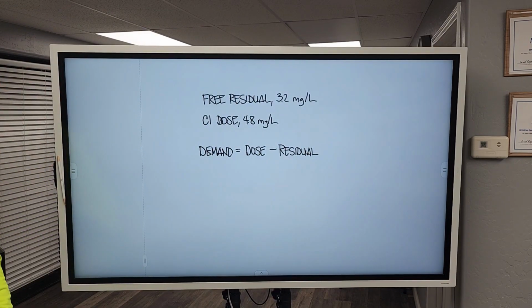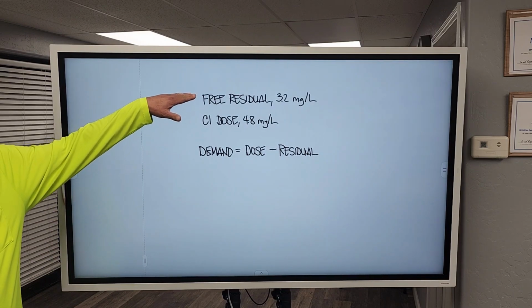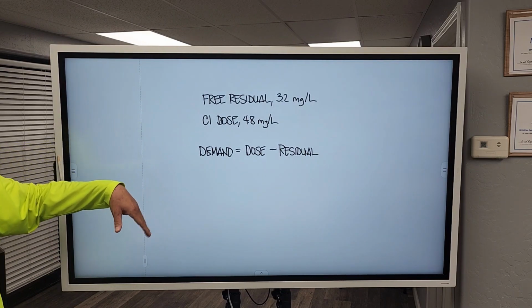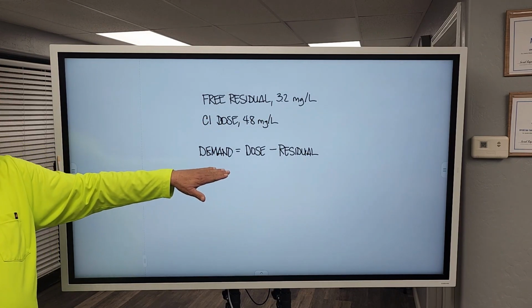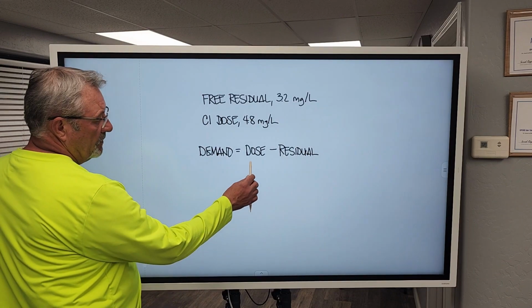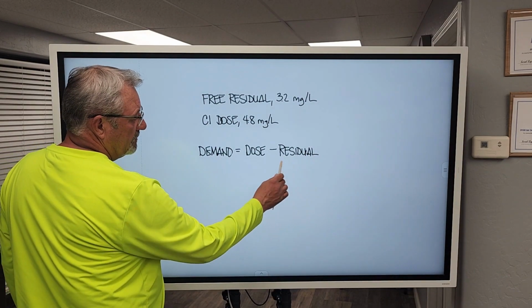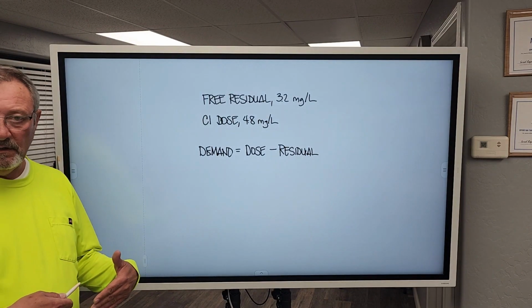Because we know how much we're dosing, and we can take a residual, and it could be free, it could be total, doesn't matter. This equation works because we know the dose, we know the residual, and we always dose more than the residual is going to be.